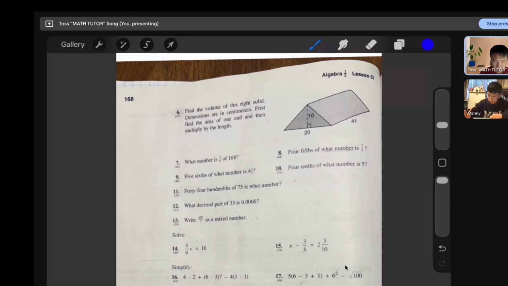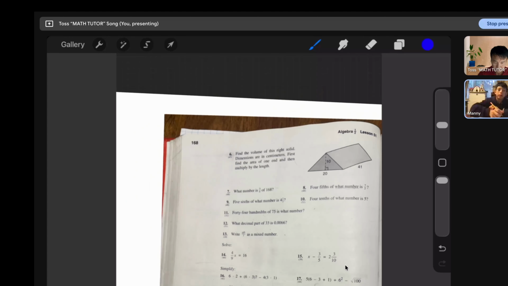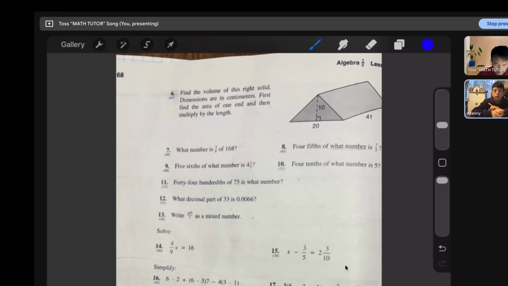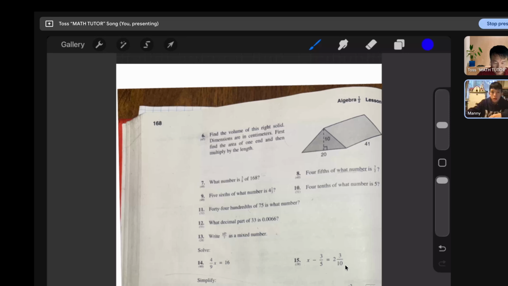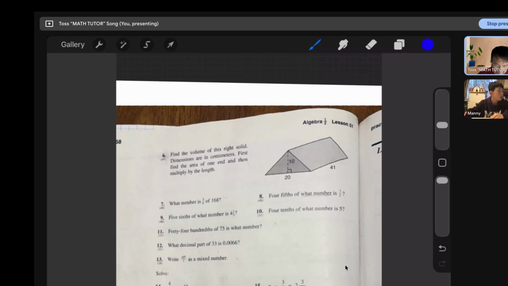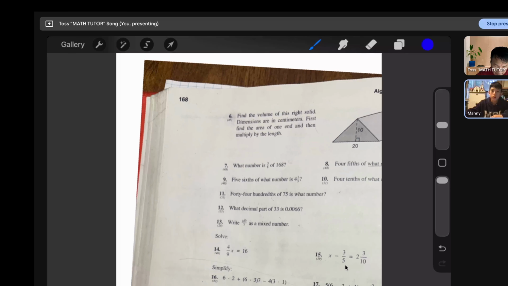All right. I believe this one was a little tricky for you last time. But tell me, number 6, how do we do it? You do 20 times 10. Okay, sorry. It's the volume, right? Yes. So we're going to do the volume of this tent shape, or the top of a roof or house. So you said 20 times 10, and then what?